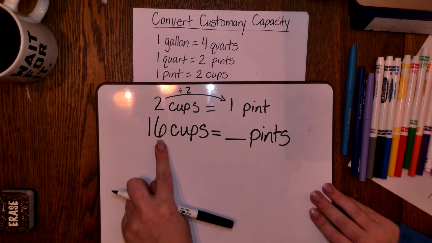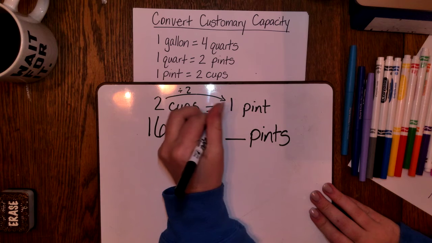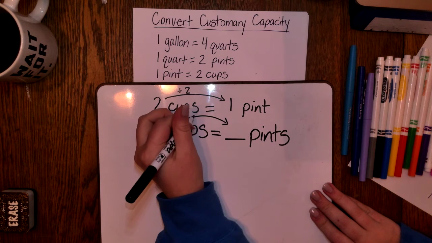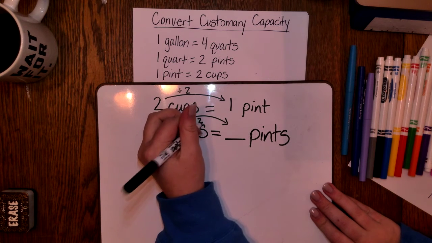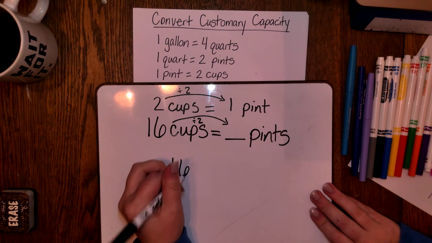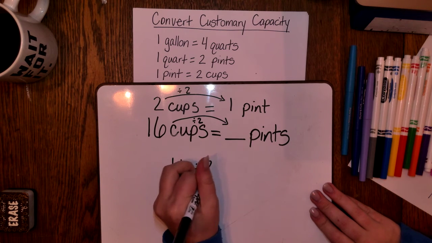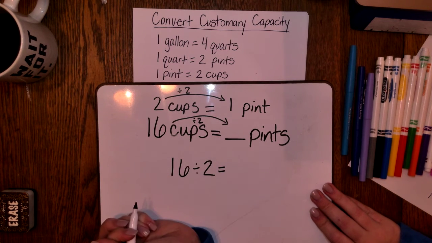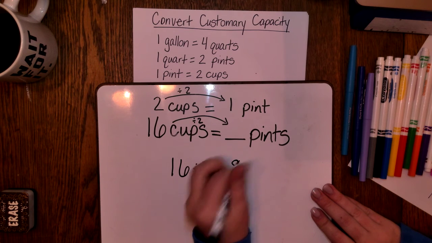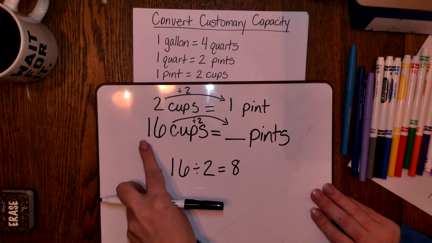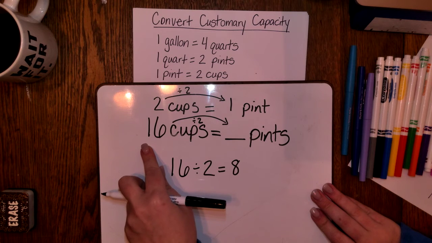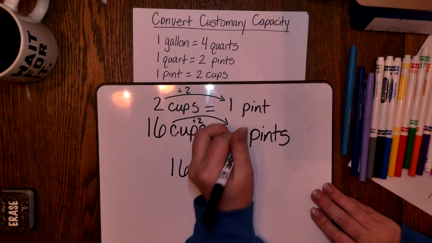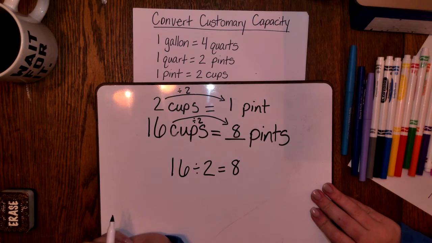So 16 divided by 2 is 8. So with 16 cups, I have 8 pints.